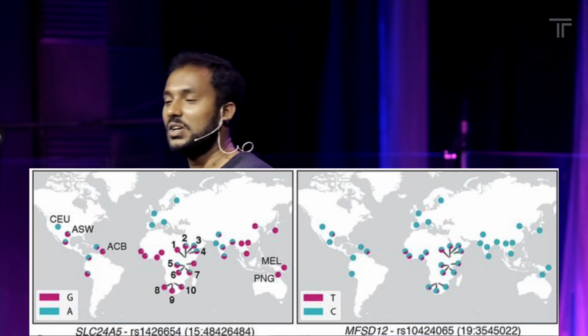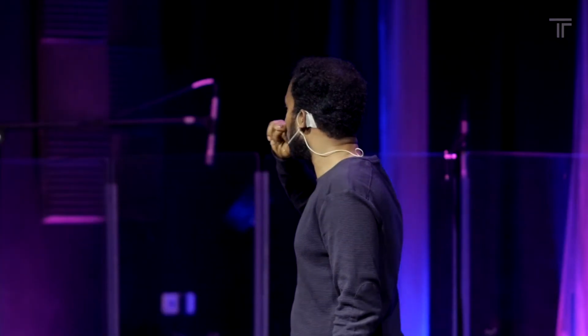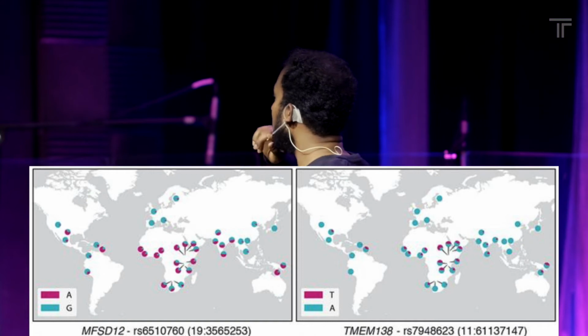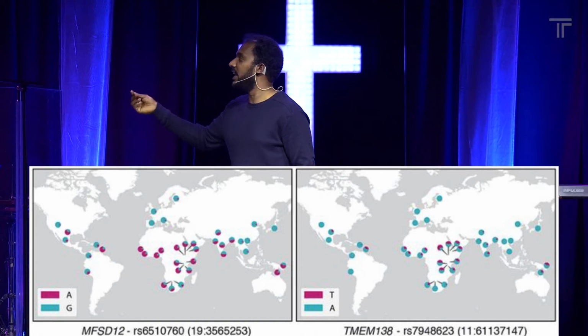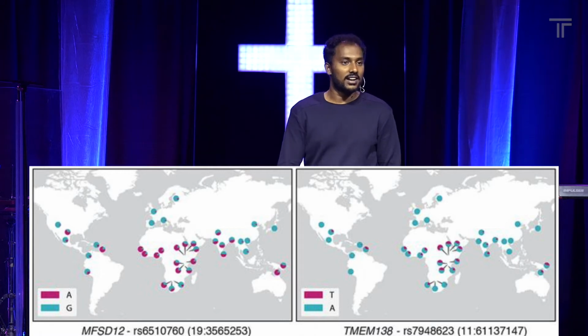If you have a T, you have another color. Now, they found another location, once again a T and a C. And then once again, they found 2 other locations. In the next slide, you'll see, once again, just changing the DNA letter at that location will change their color.